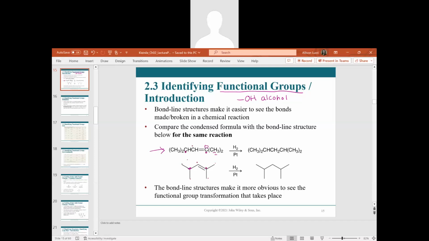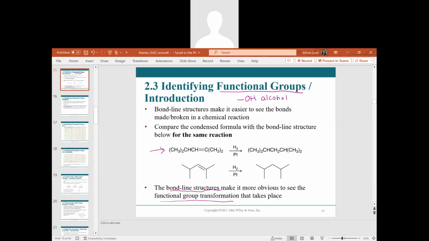So we can see both the condensed and the bond line structures for the same reaction below. A lot of times the bond line structures will make it a little easier to see what functional group transformation is happening.